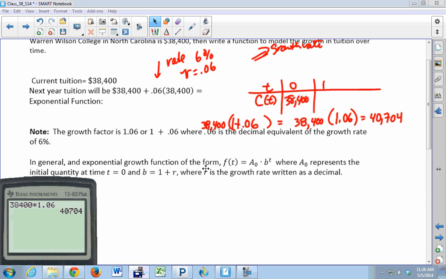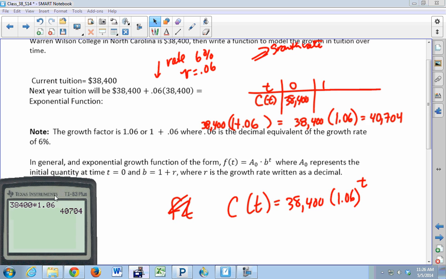I added R to 1, and there it is. So what would the overall function look like? Well, we called it C of T up here, so let's keep it with C of T, the cost over time. What's my initial amount? What do I put for A sub 0? 38,400. And I have 1.06 as my growth factor raised to the T.